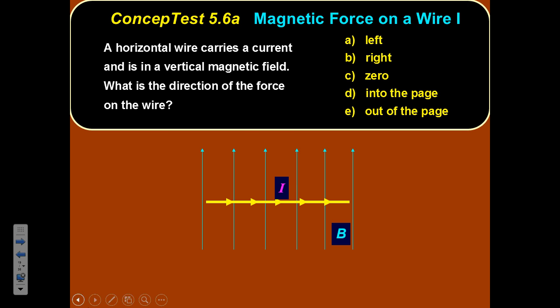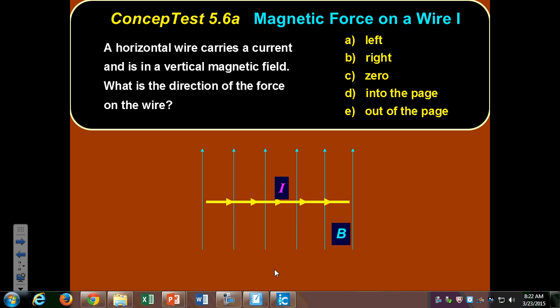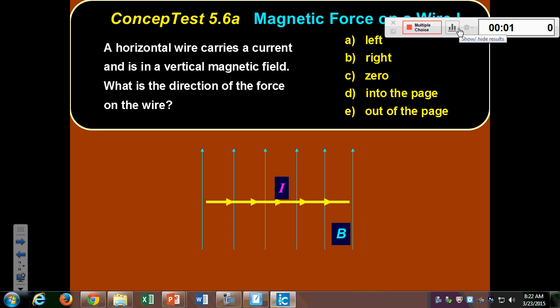Alright, horizontal wire carries a current. What is the direction of the force on the wire? First of all, I can narrow it down to just a couple answers because I is in the x direction and B is in the y direction. So F has to be in the z direction.